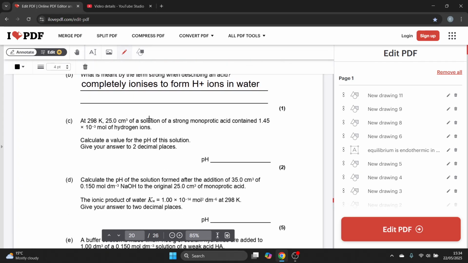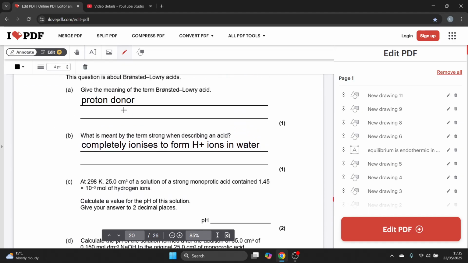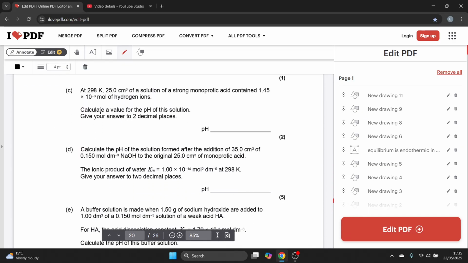This much of solution contains this much of hydrogen ions, calculate value for pH. Alhamdulillah. So if I want to, I'm just having a look if there's any previous information. It says calculate value for pH. Well, it's telling me 298 Kelvin.